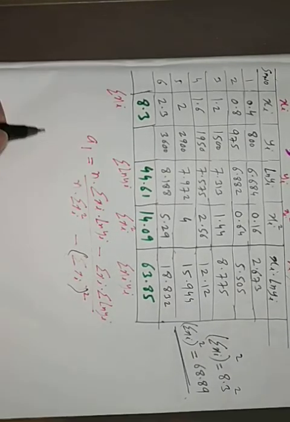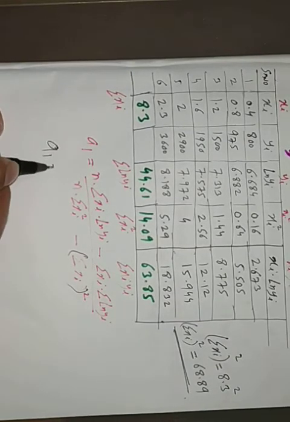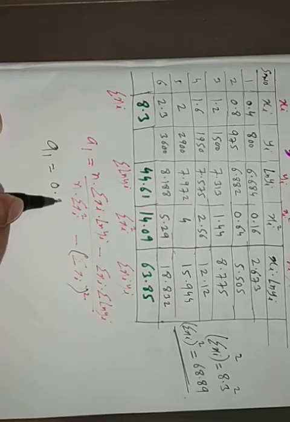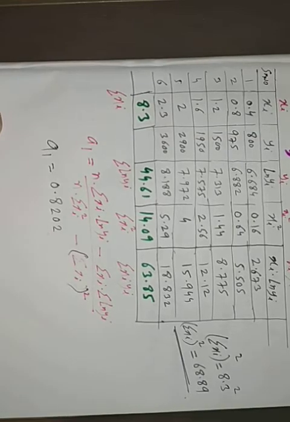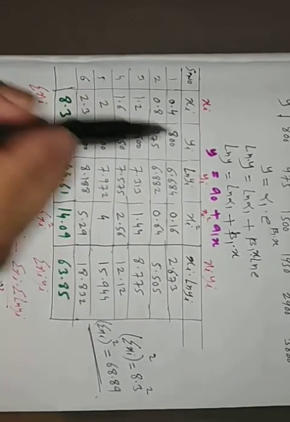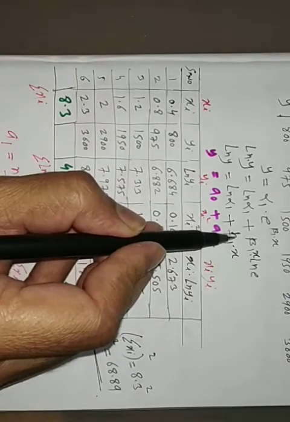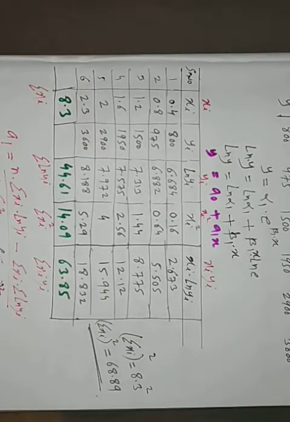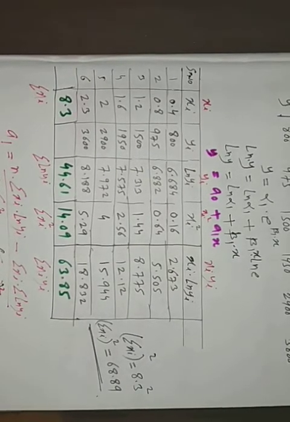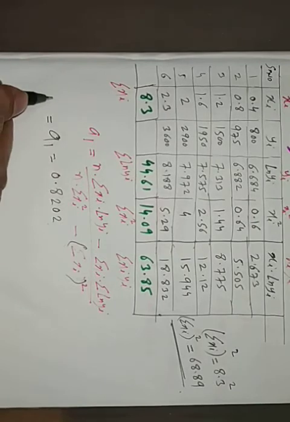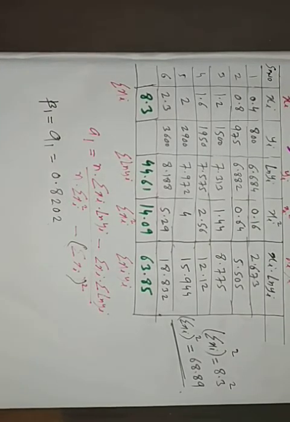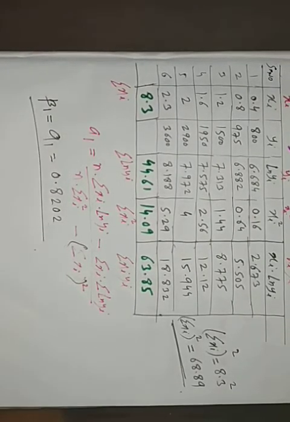You put all these things, you will get a1 is equal to 0.8202. Now this a1 is equal to what? It is equal to beta 1. We have found out beta 1, this one.